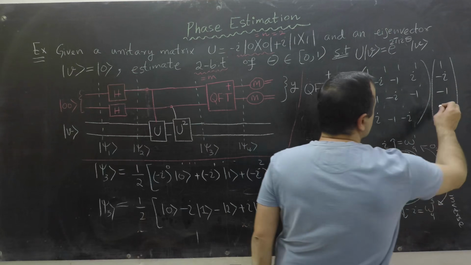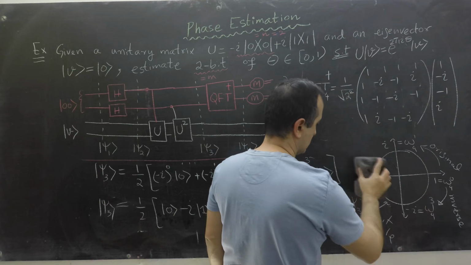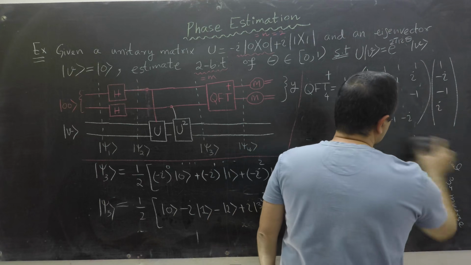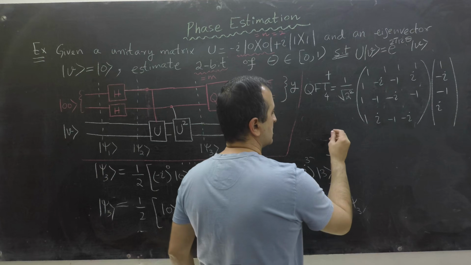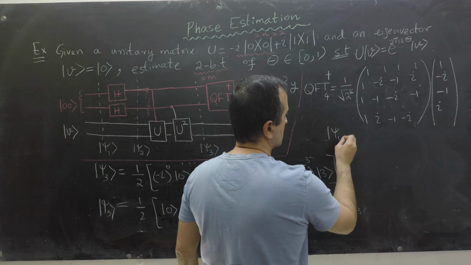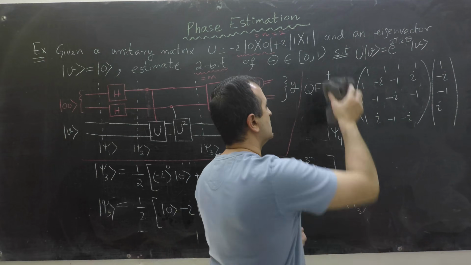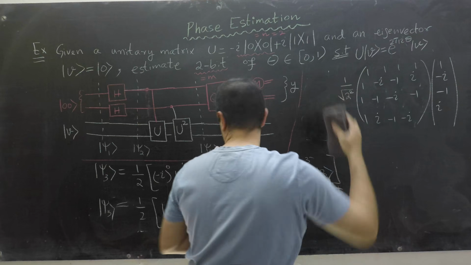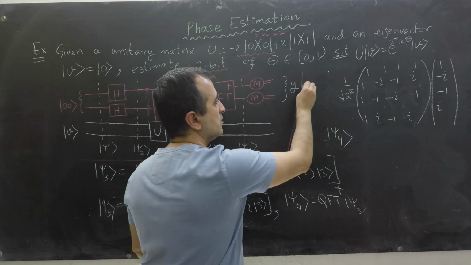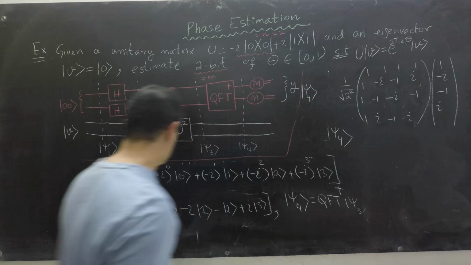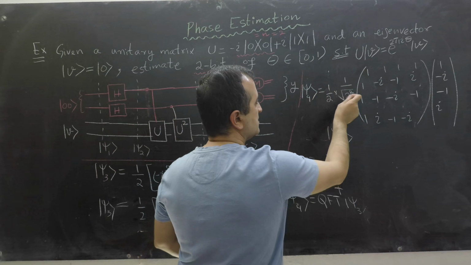For my ket psi 4, I also have this 1 over 2 here, so I have to multiply 1 over 2 with this 1 over 2.